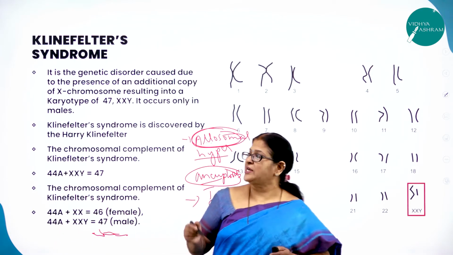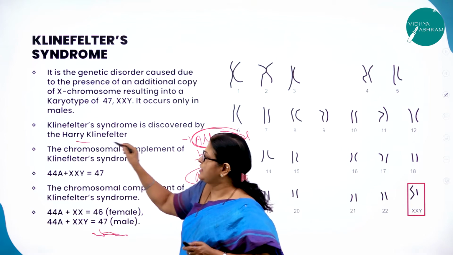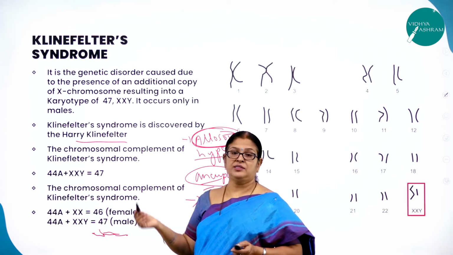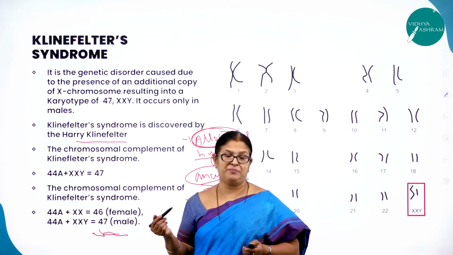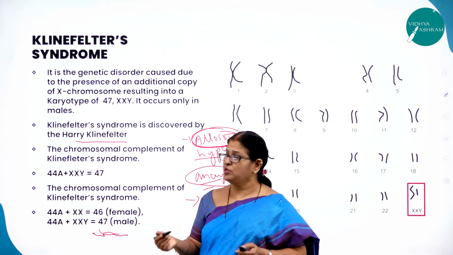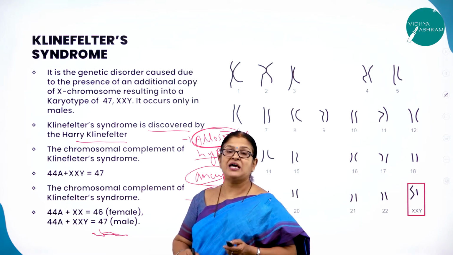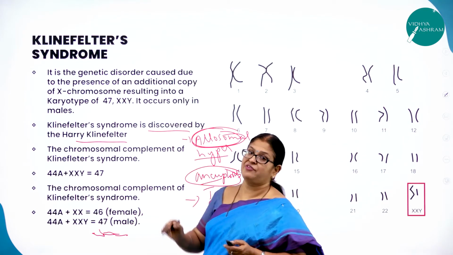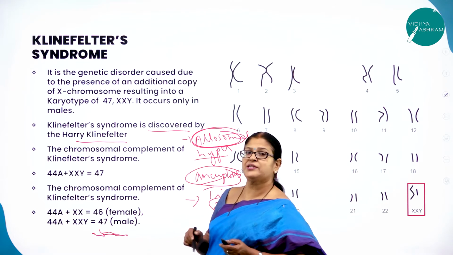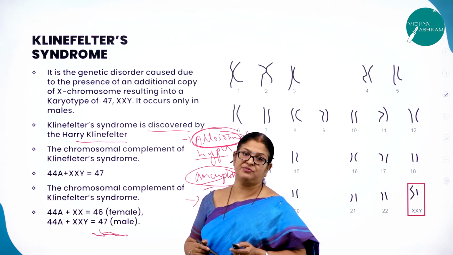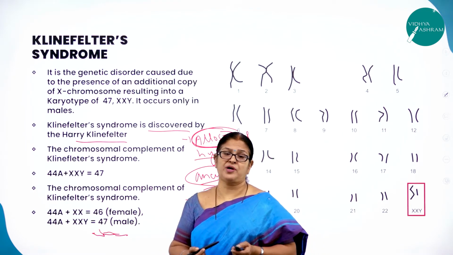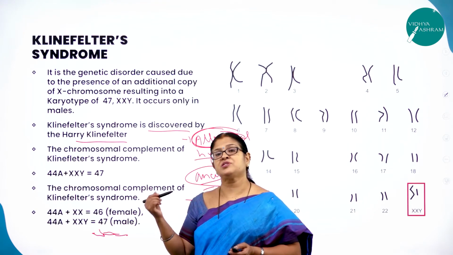It was first discovered by Harry Klinefelter, just like Down syndrome was first discovered by a British physician named Langdon Down, hence the name Klinefelter's syndrome. So now let us see the very important features of Klinefelter. This is also very important from the examination point of view and is commonly asked.